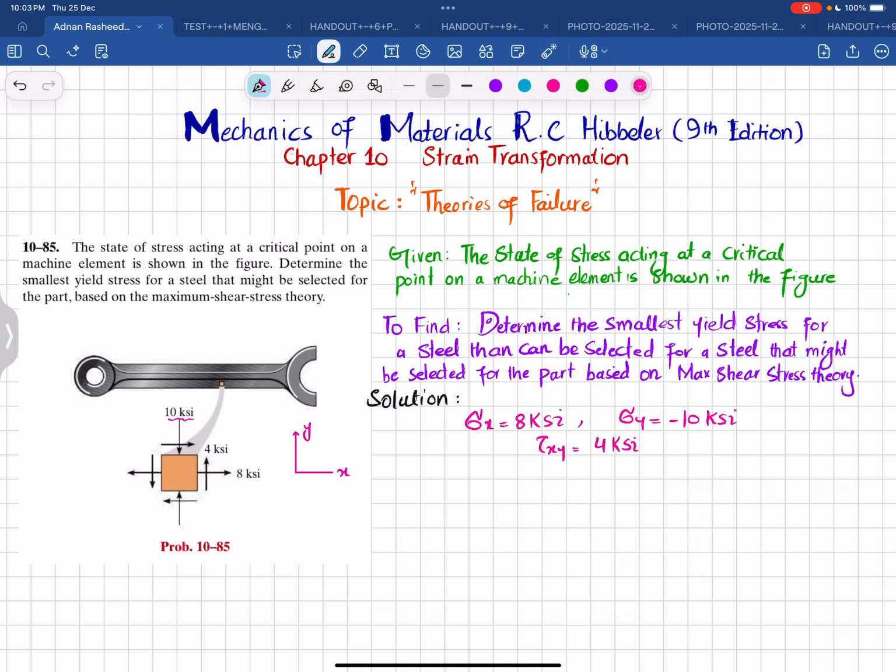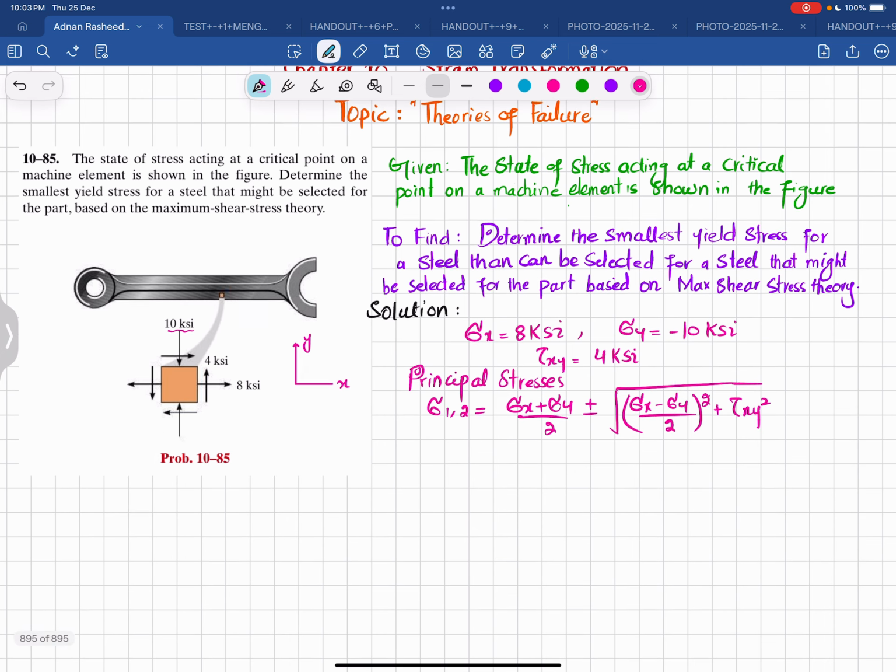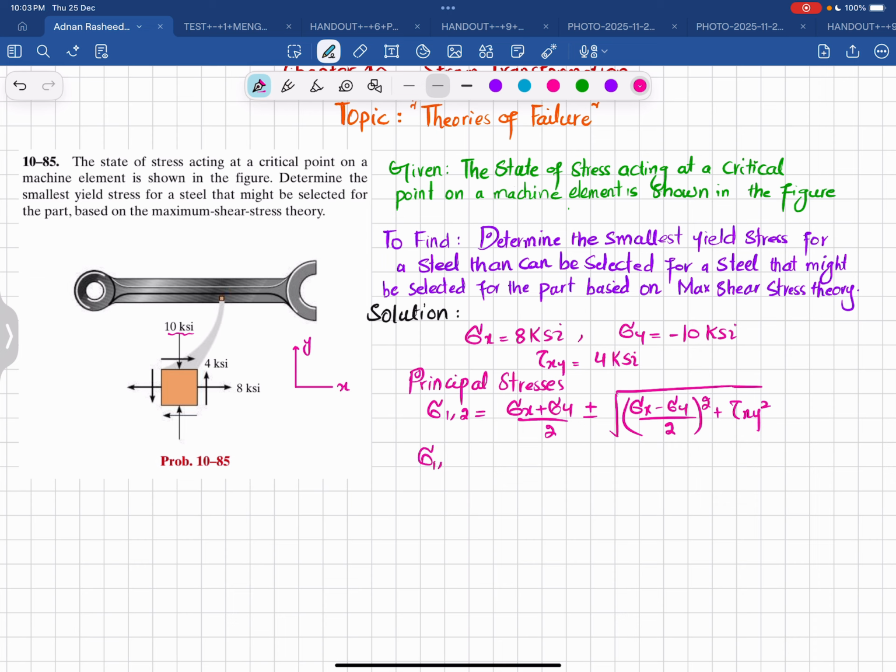Now we have this state of stress. So what we are going to do is find the principal stresses because they are needed. We know that the principal stress sigma 1,2 is equal to (sigma x plus sigma y) divided by 2 plus minus the square root of ((sigma x minus sigma y) divided by 2) whole squared plus tau xy squared. Now you have all these values, so just plug them into this formula.